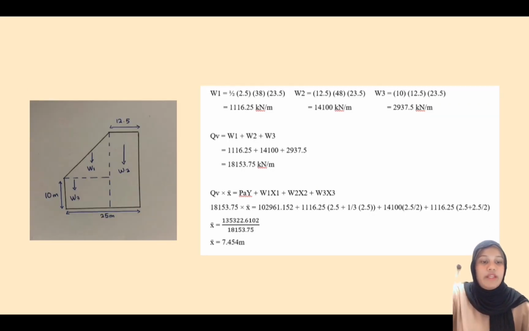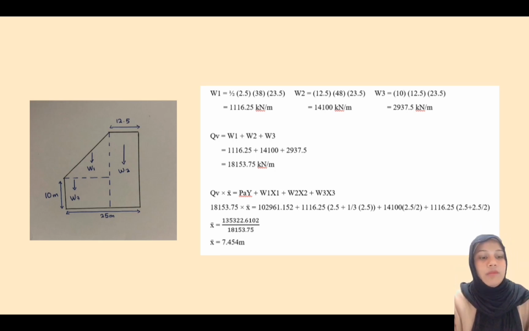Also, and then we have the new diagram, which is we have to find W1, W2, W3, to find the area of polygon. So the W1, the shape looks like a triangle, so we have to use the formula 1 over 2 multiplied by 2.5 multiplied by 38 multiplied by 23.5. So we got 11116.25 kilonewton meter, because the unit we use is meter.